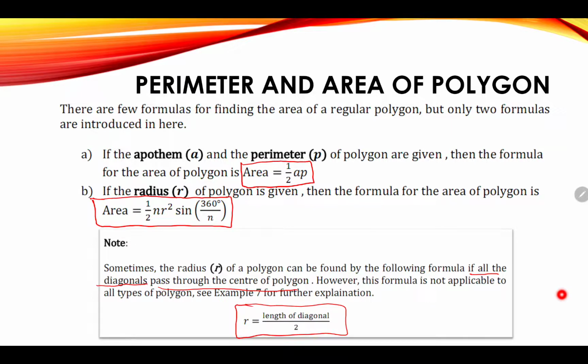Okay, hanya polygon yang kalau you all lukis dia punya diagonal dia lalu dekat center. So kalau polygon yang kita lukis diagonal dia melepasi center, so if we want to find R, so we can use this formula. Okay, otherwise we cannot use this formula lah. This formula is not applicable.